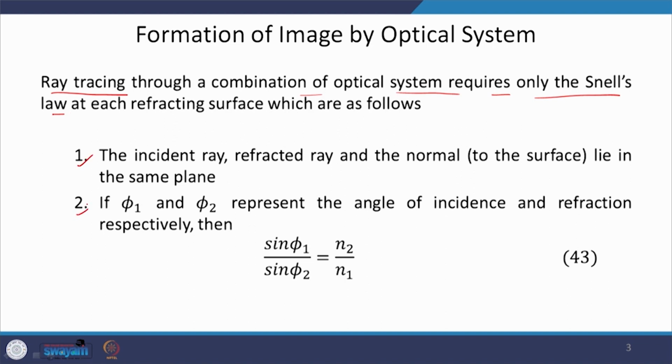Snell's law says that the incident ray, the refracted ray and the normal to the surface lie in the same plane.